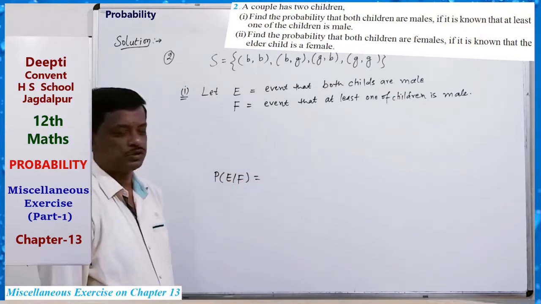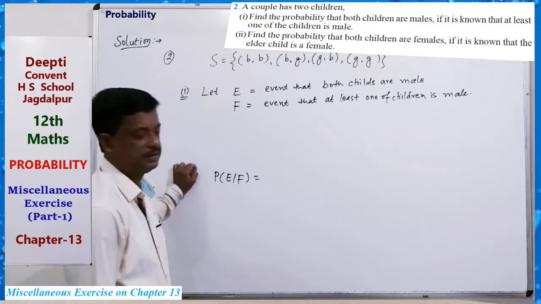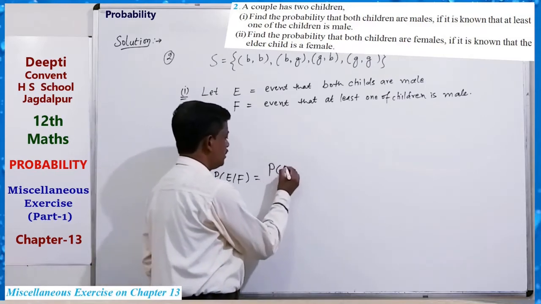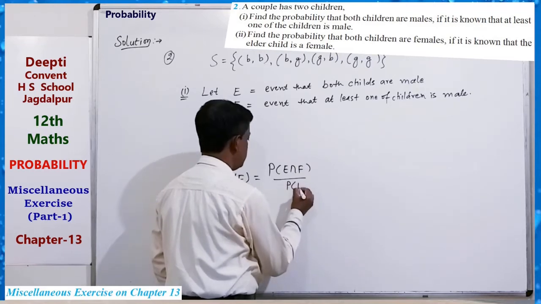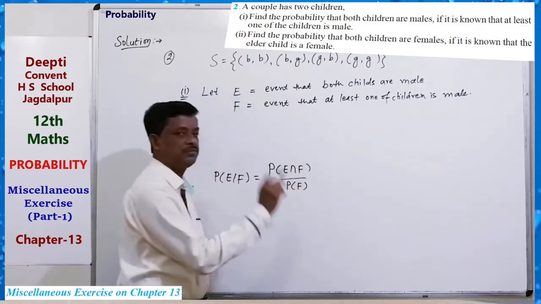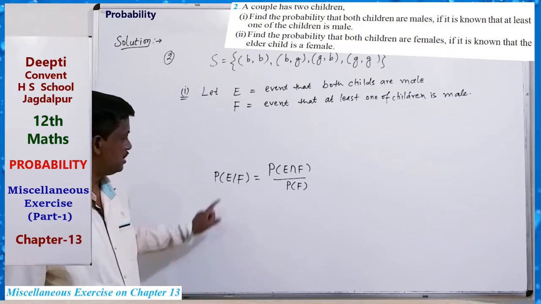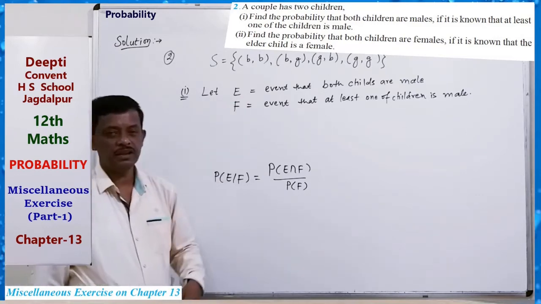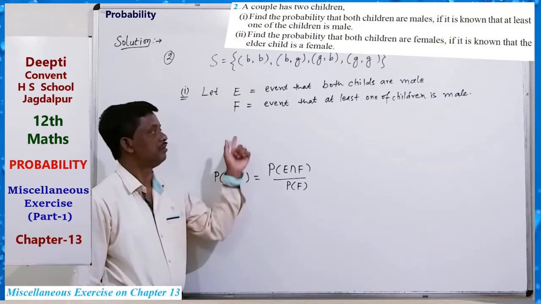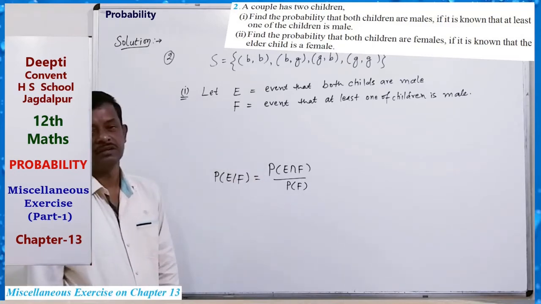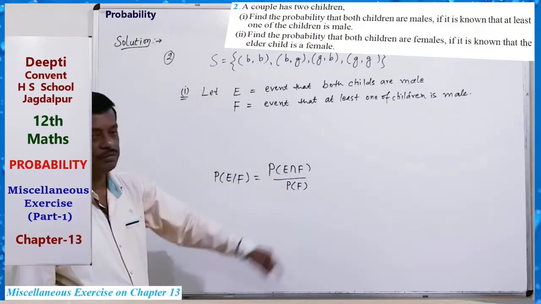So by conditional probability you can find it. Here P(E intersection F) upon P(F). This is the first result, because E is both children are male, and it is known that F, at least one of the children is male. Just recall E intersection F and P(F).